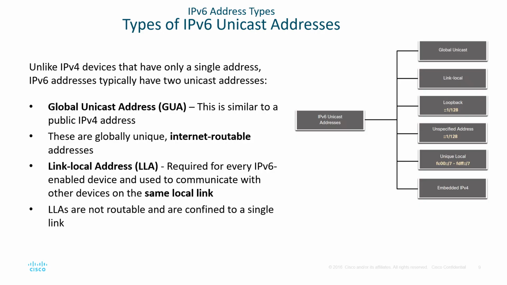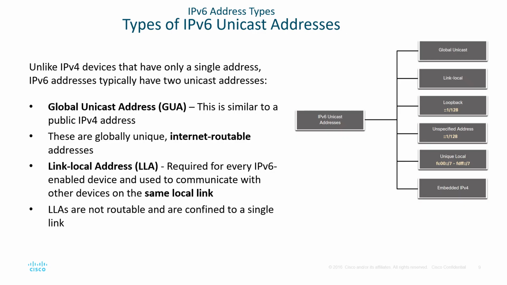Unlike IPv4 devices that only have a single address, IPv6 addresses typically have 2 unique addresses. Okay? Global unicast, GUA. This is similar to a public IPv4 address.